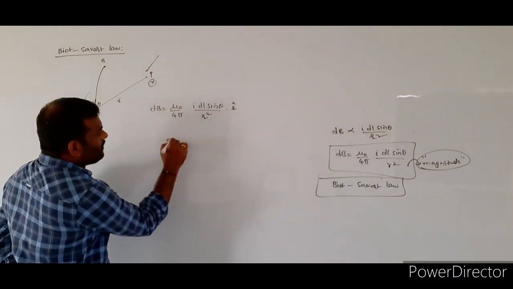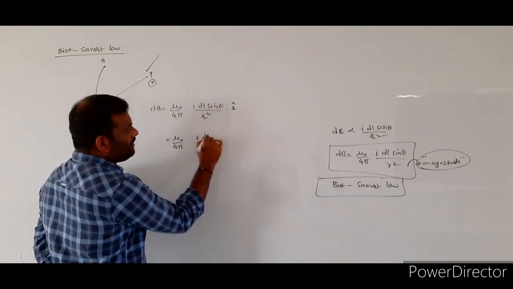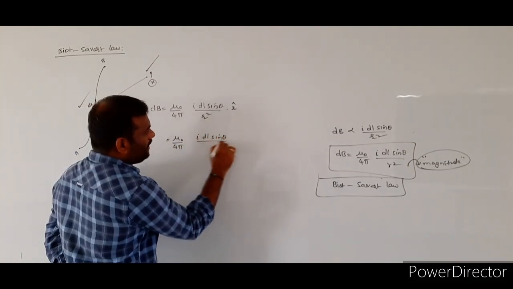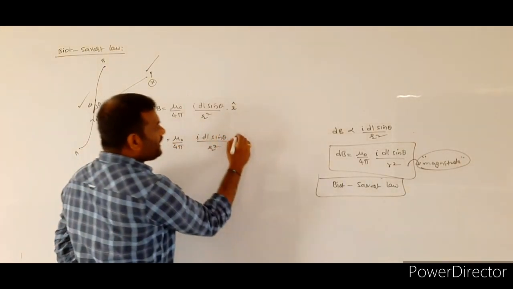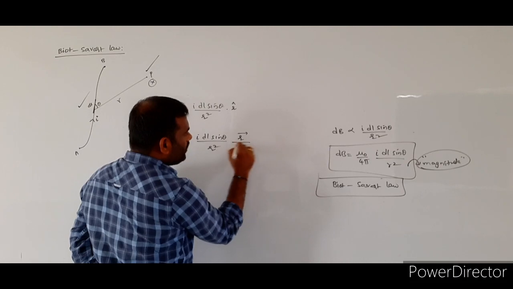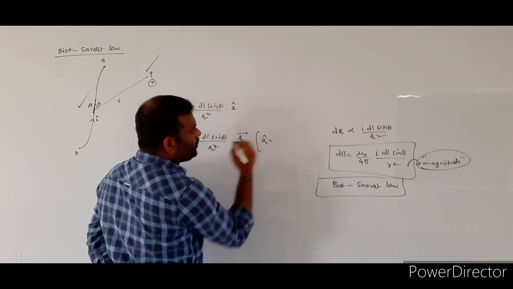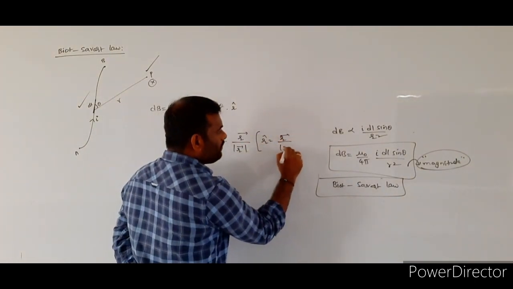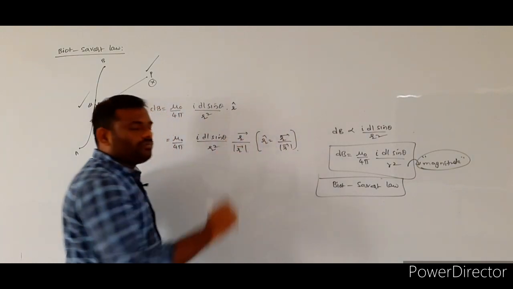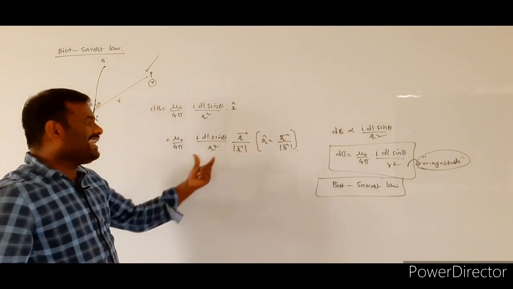Now the same equation can be written as mu naught by 4 pi I dl sin theta by r square times r cap. This r cap is written as r bar by modulus r bar, since the definition of the unit vector is r cap equal to r bar by modulus of r bar. Modulus of r bar is nothing but r.